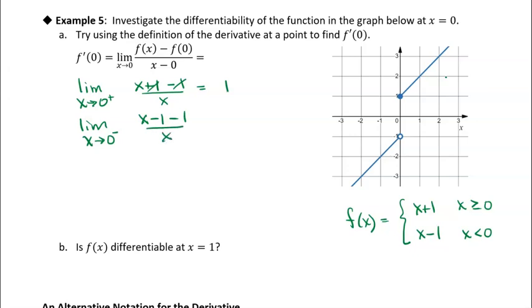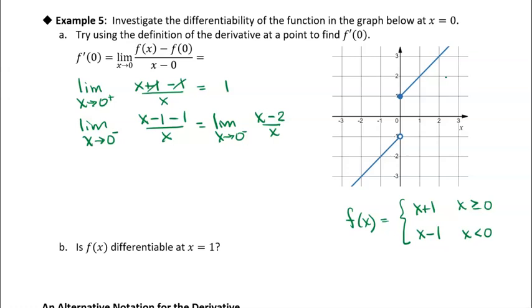Now we have a problem: the ones don't cancel. So what do we have? We have the limit as x approaches 0 from the left, and so we basically have x minus 2 over x.